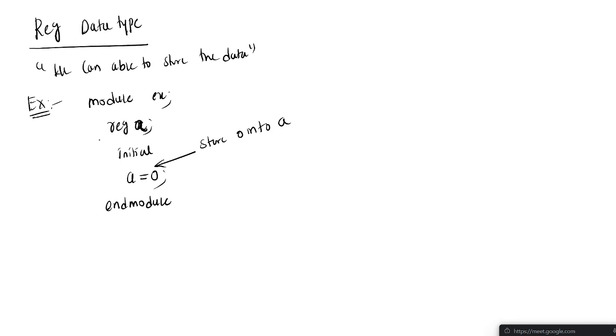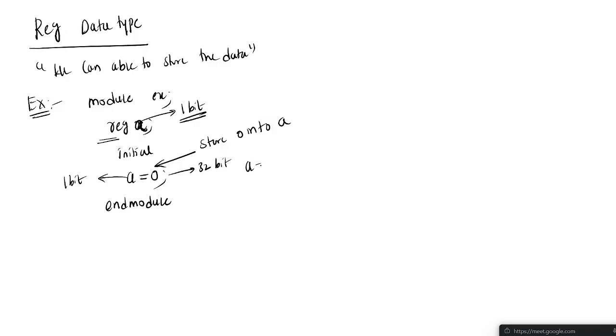Why? Because you declared a with which data type? Reg data type. Okay, this is also one bit, and this is how much? 32 bit.